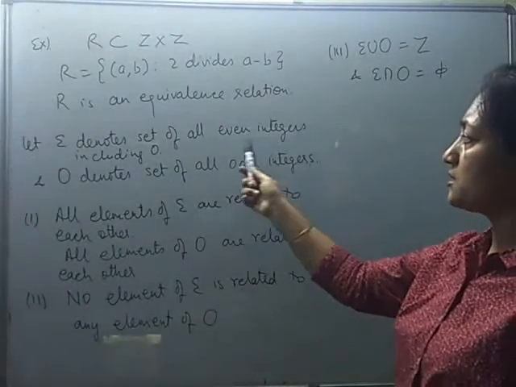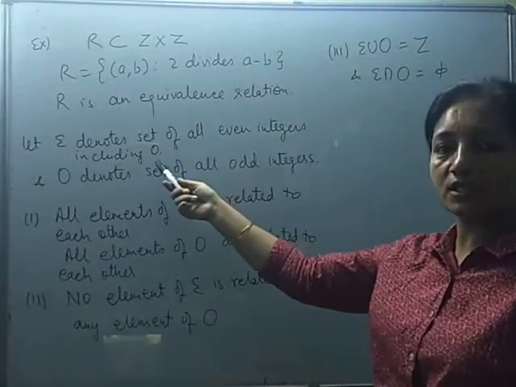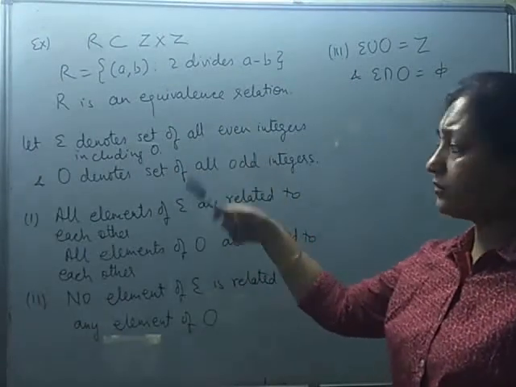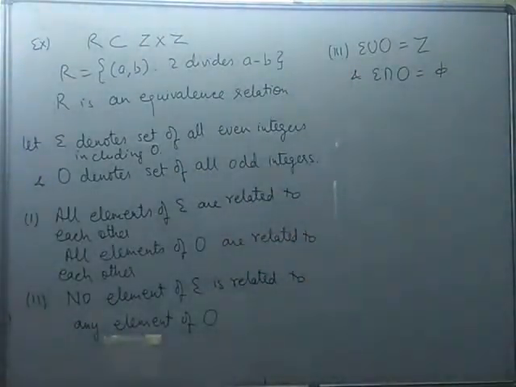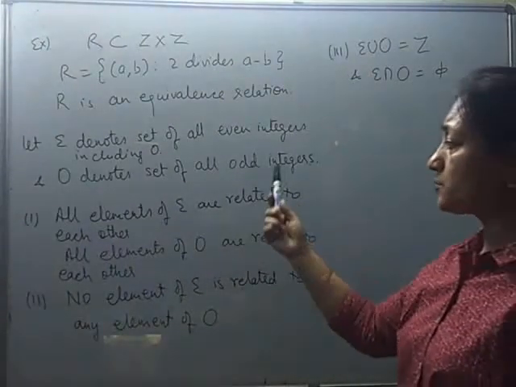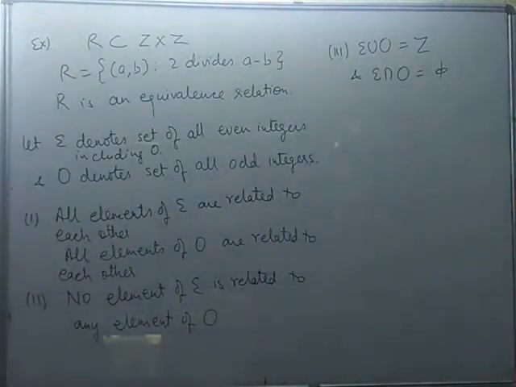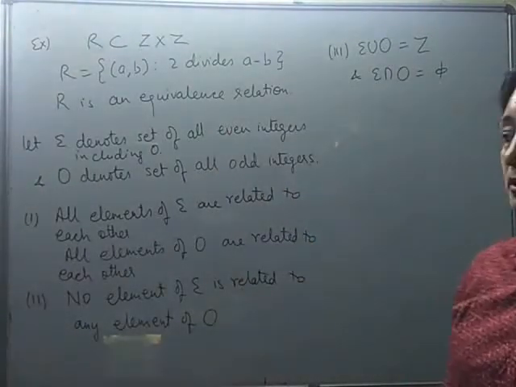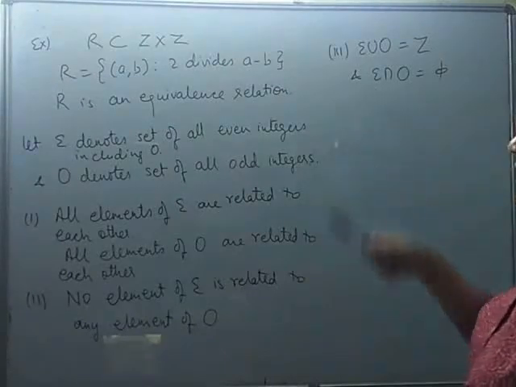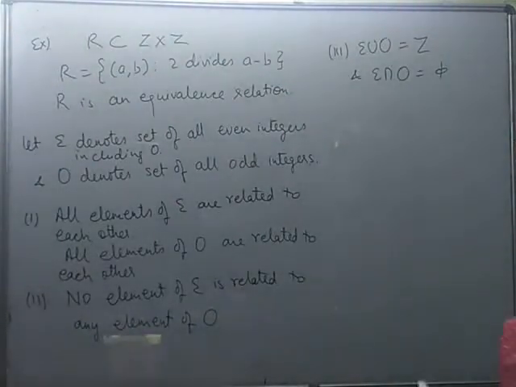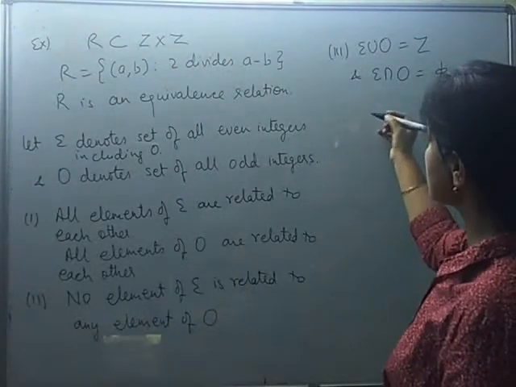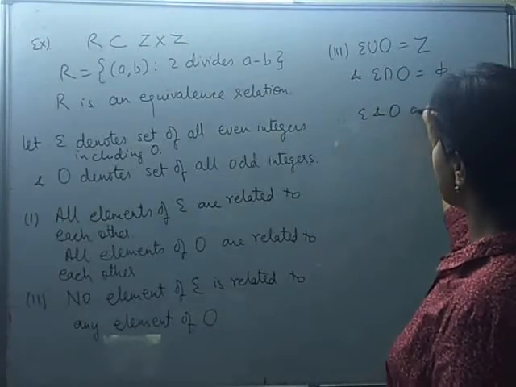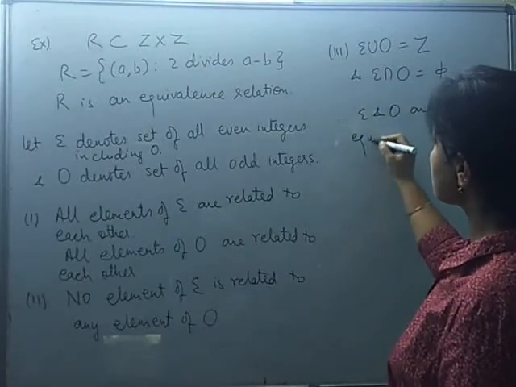One contains all the even integers including 0, and negative even integers as well, and O is the set containing all odd integers, positive and negative. We saw these were the only two subsets possible and they satisfied all the three required conditions. So therefore we can say E and O are equivalence classes.